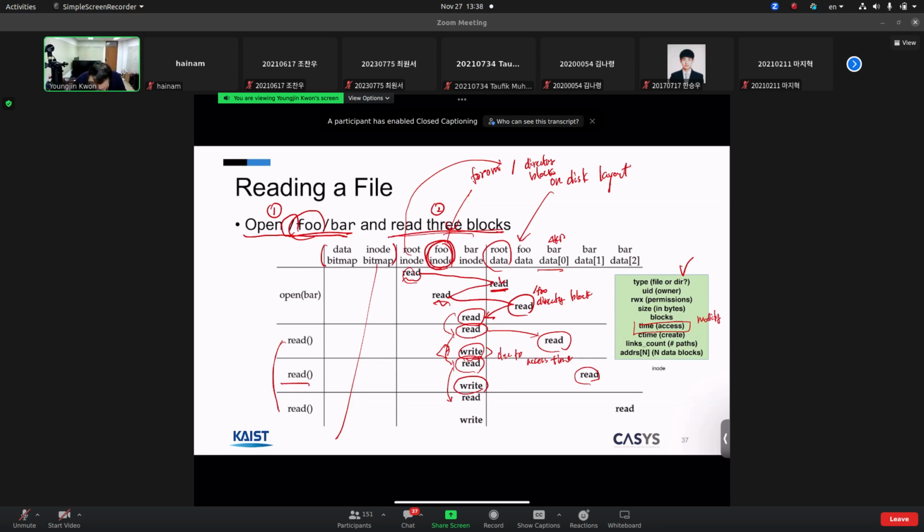Let's say this is read from disk. This read operation actually happened on disk. The second read operation of the bar inode, is it from disk? What do you think?